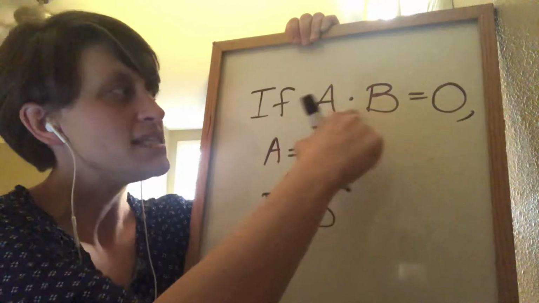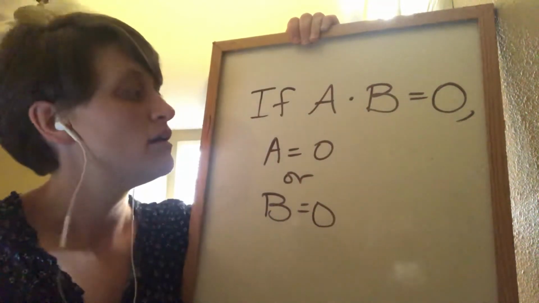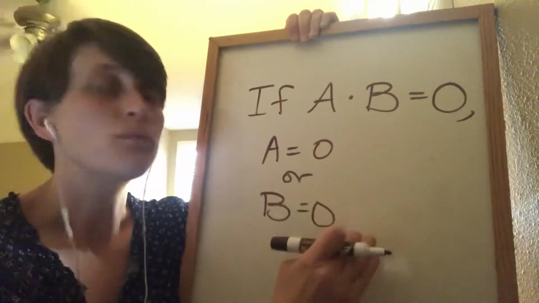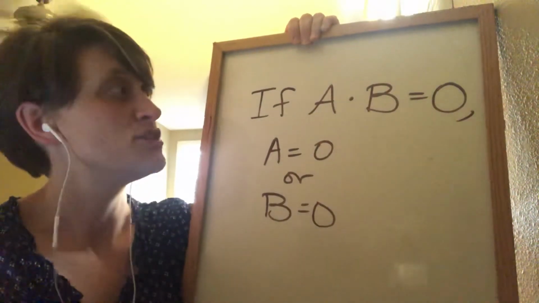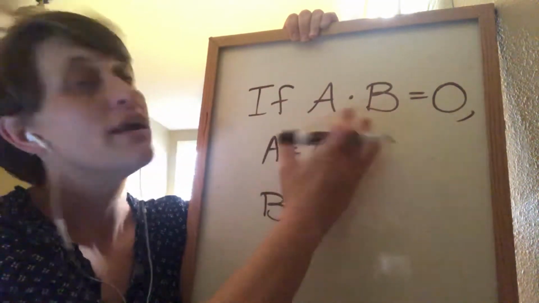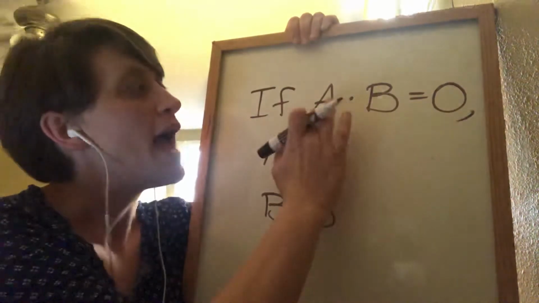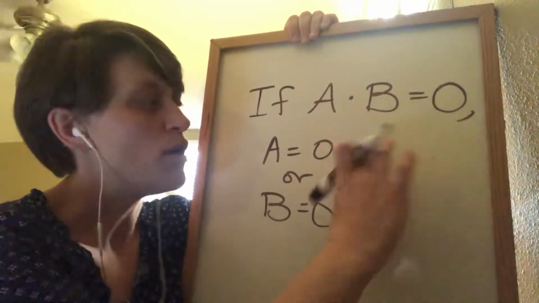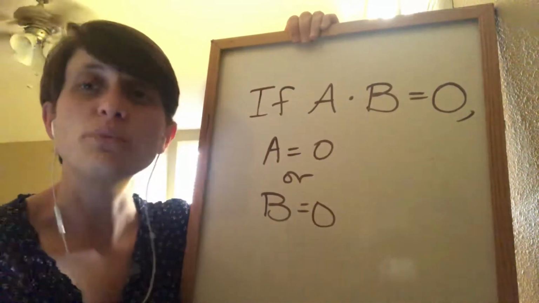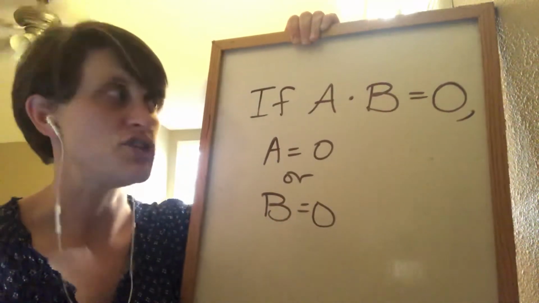One of these has to be 0 in order to get 0 as a product. That's the only way that can happen. So this is what we're going to be relying on whenever we solve by factoring. We're going to turn something that has an x squared in it, or even an x cubed, into a product of things that we know how to handle. And if that product is 0, we set each of those pieces equal to 0 and solve the equation.